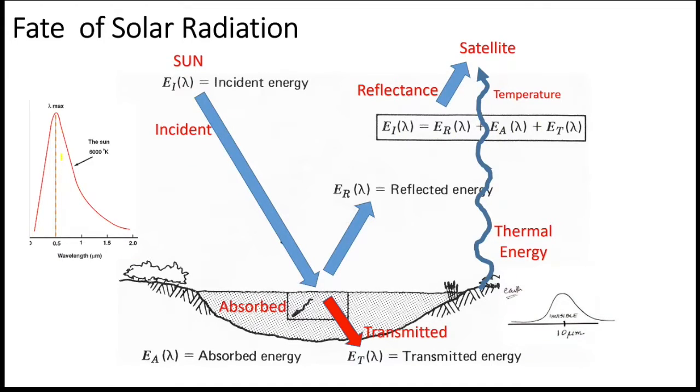If you take a look at this side of the graph, I drew what the energy spectrum is that comes from the sun. If you assume that the temperature of the sun's photosphere is about 6,000 K, you see that the peak emission where the sun emits is at about 0.5 micron. No wonder a lot of satellites sense the reflected radiation at 0.5 micron, because you have high energy.